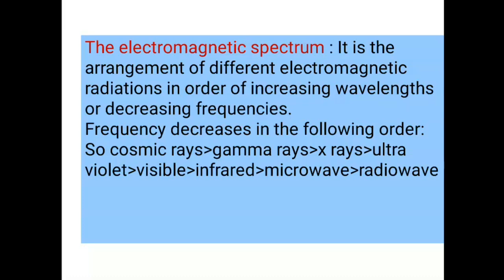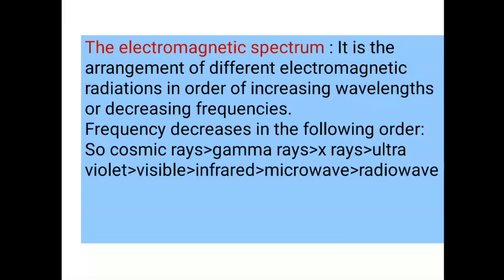Now frequency decreases in the following order. Cosmic rays having the maximum frequency and radio waves have got the least frequency. That means we can also say that cosmic rays have got the lowest wavelength, whereas radio waves have got the maximum wavelength, since frequency and wavelength are inversely proportional.